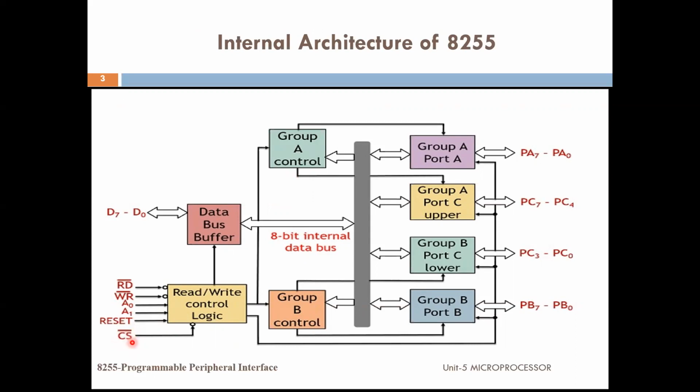It is an active low signal, and only if it goes low will this particular chip 8255 be enabled and perform its functioning, that is the exchange of data between the microprocessor and the peripheral devices. And if this input goes high, then it disables the 8255.